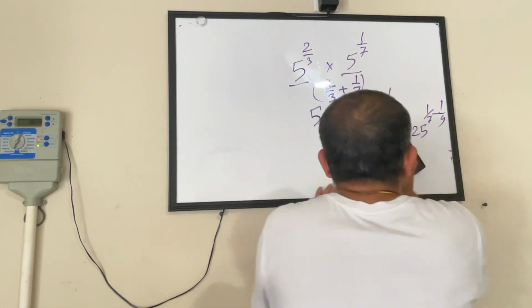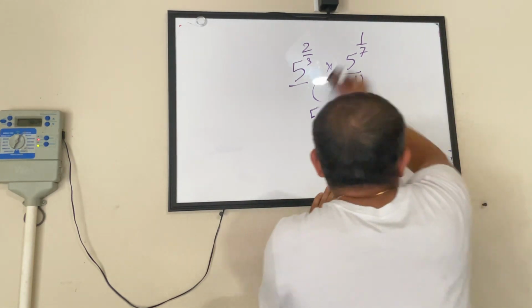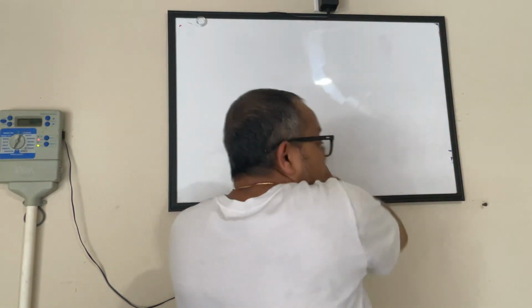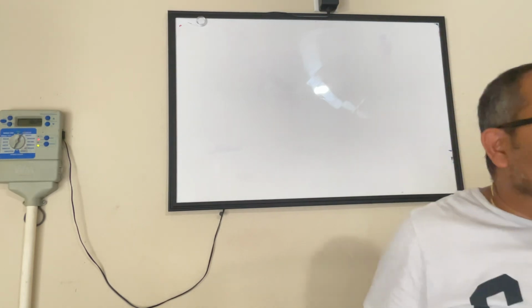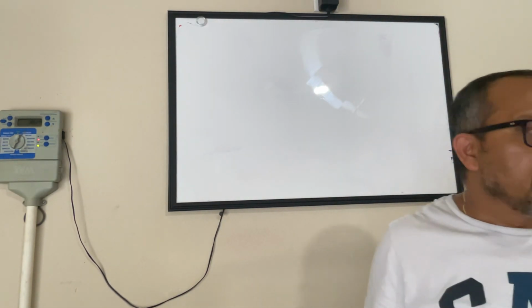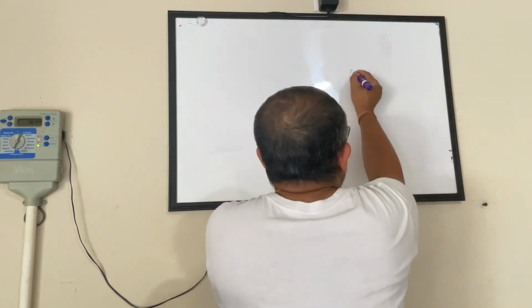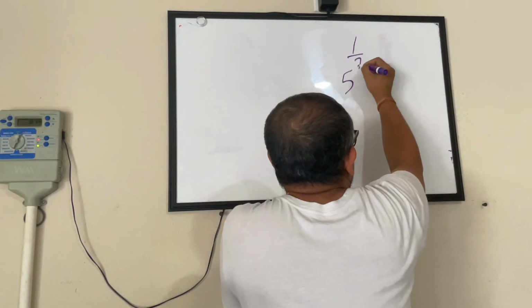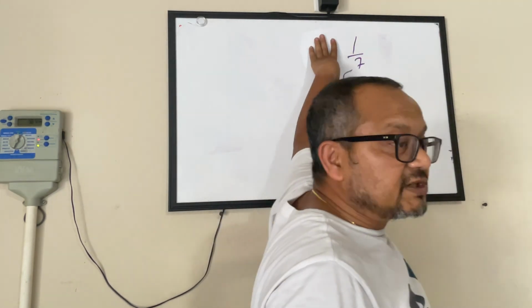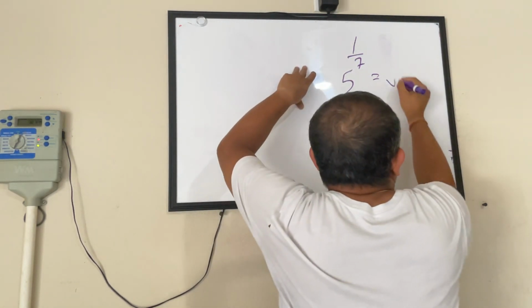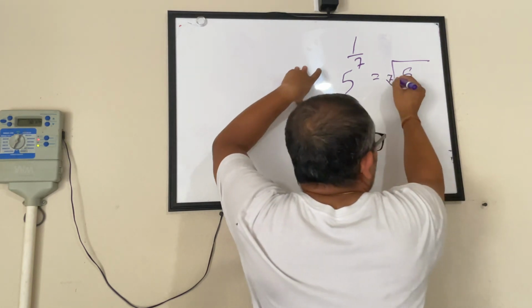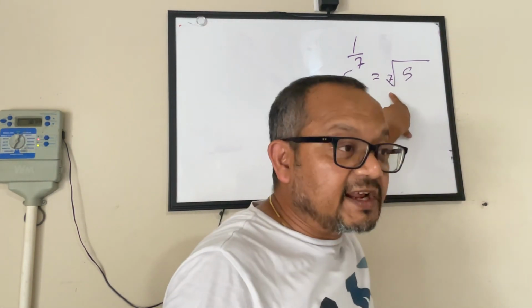Now, I'm not going to teach you guys anything about the radical expression because it's the same thing as rational expression, just represented in a different way. Okay? If I say 5 to the power 1 by 7, this is the rational expression, and 7th root of 5, this is the radical expression.